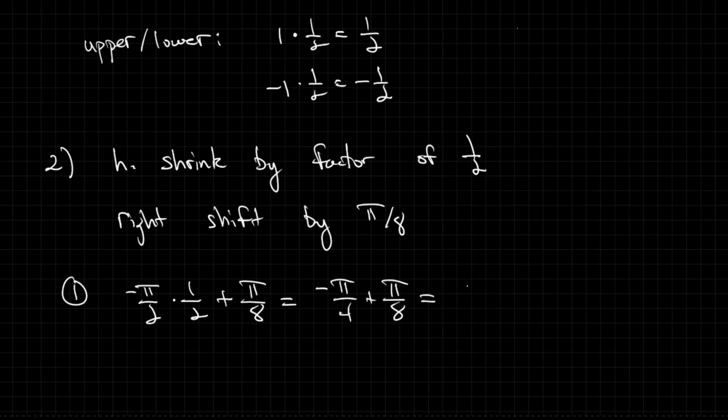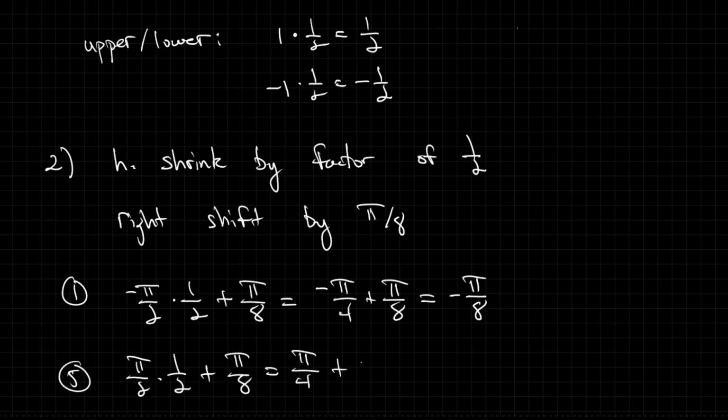And that will end up being minus pi over 8, getting a common denominator and adding these together. Finding the fifth important point, we have pi over 2 times 1/2 plus pi over 8. So this is pi over 4 plus pi over 8, and that's 3 pi over 8. Again, multiplying this first term by 2 over 2.